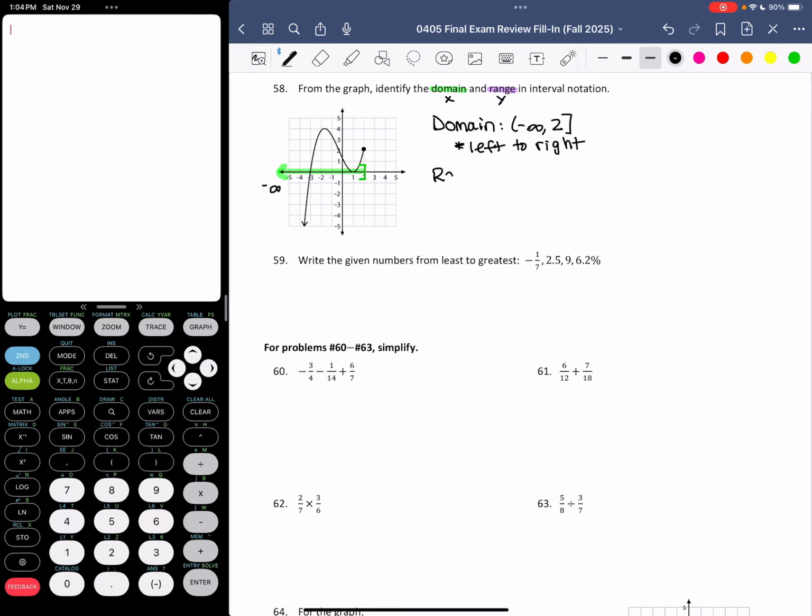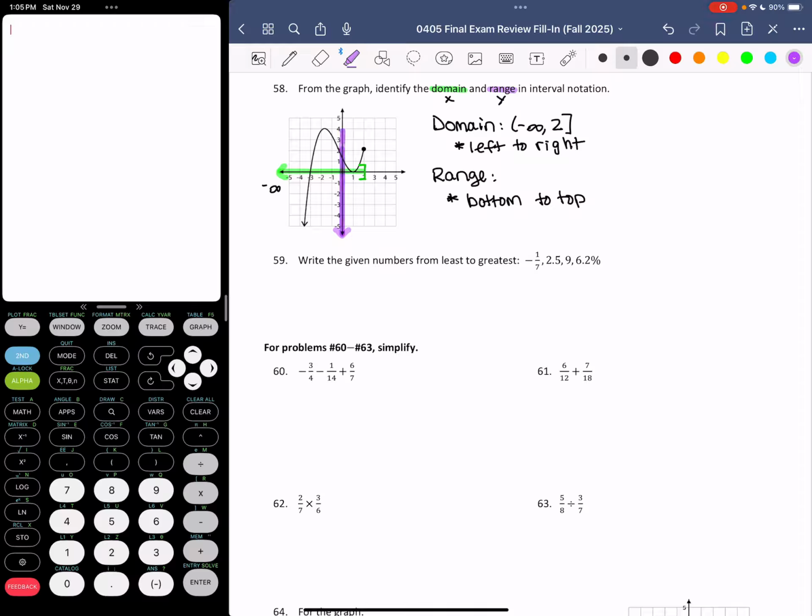Okay, now for the range, this is going to be from bottom to top. Looking at that arrow pointing forever down, and then if I just follow this all the way up to the highest point. Now don't stop here. That's not the highest point, right? The highest point is all the way up here at 4.